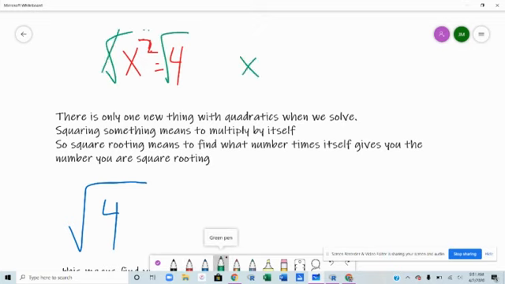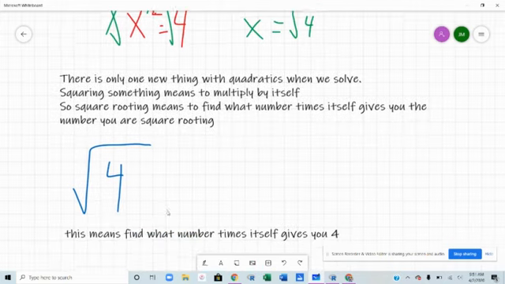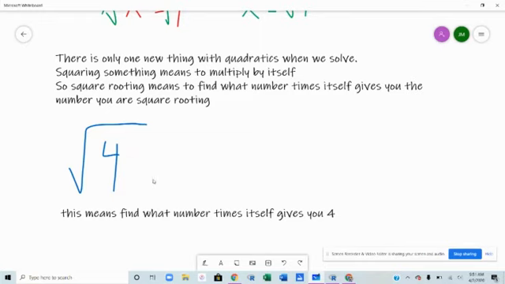So that gives me my square root, my squared cancel, x equals the square root of 4. So when you're square rooting, that means you're looking for a number times itself gives you this answer. So some number times itself gives you 4. So I'm looking for what number times itself equals 4. I want you to think about that.